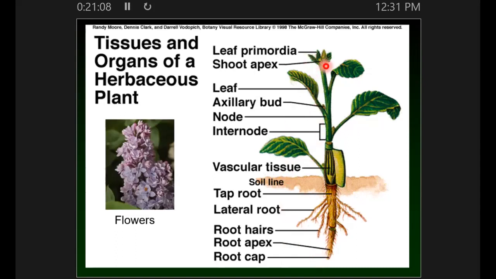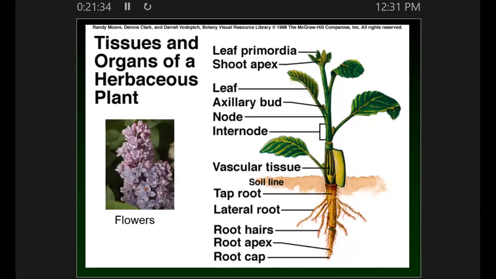So, okay, what else? Then at the very tip, you see the shoot apex. Shoot apex. That's another very important part of the plant because there's a cluster of cells there that, again, are primed and ready to grow. And the shoot apex actually is pretty active through the life of the plant, especially when it's young. So the shoot apex has meristematic tissue that allows for continual growth when given the signal.